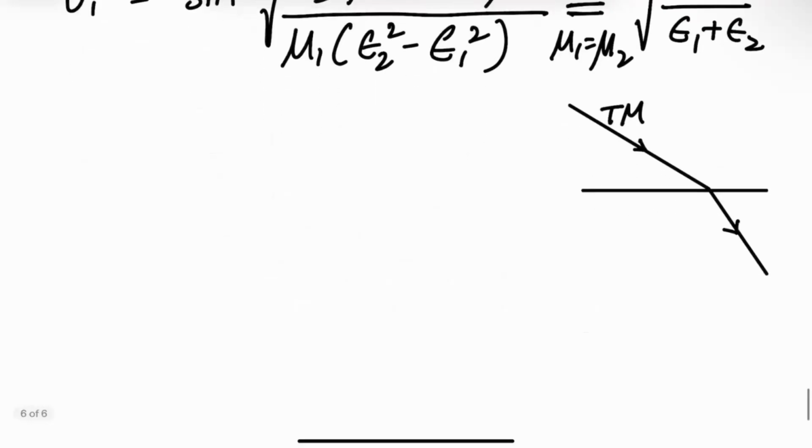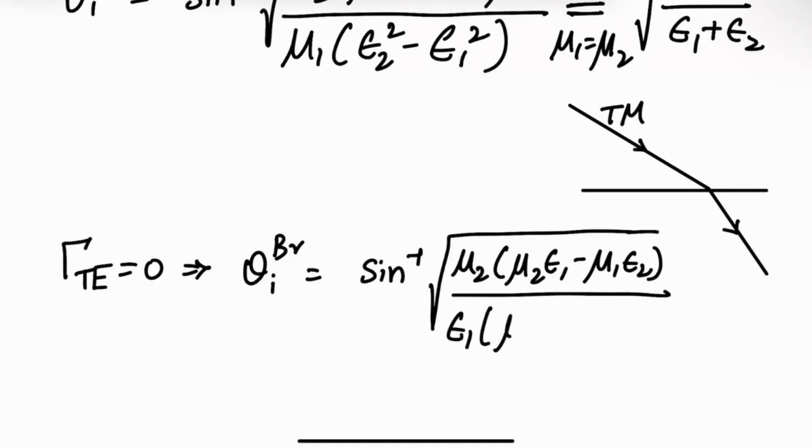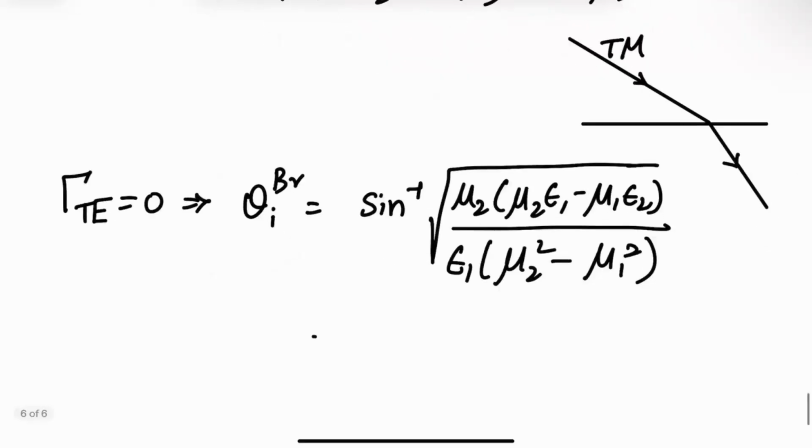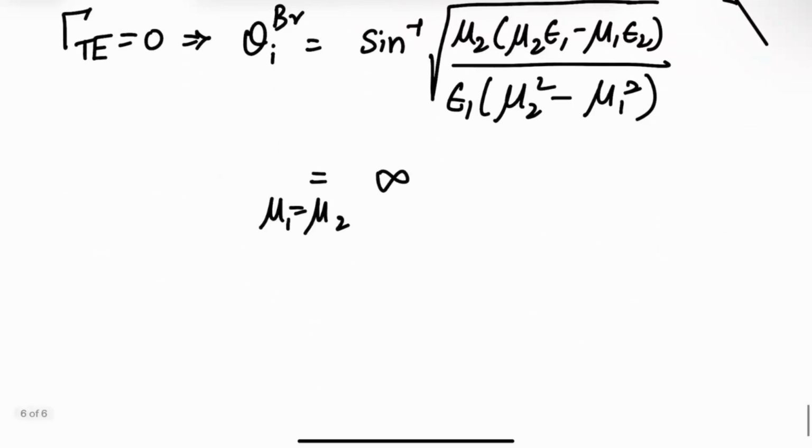Now, if I try to do the same thing for TE, gamma TE equal to 0 implies my Brewster angle of incidence becomes sine inverse square root of mu 2 epsilon 1 minus mu 1 epsilon 2 divided by epsilon 1 times mu 2 square minus mu 1 square. And if I make this medium non-magnetic, if mu 1 is equal to mu 2, then this becomes infinity. This is, of course, not realistic. Essentially, it's saying that theta Brewster does not exist for TE polarization.